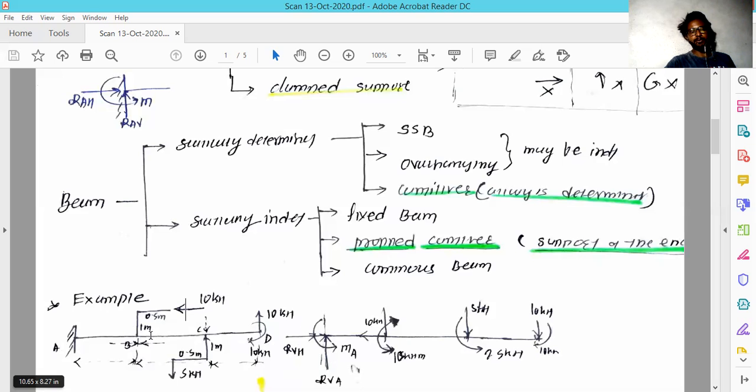Now we move to the C point. At C point, we have seen the 5 kilonewton force, which acts vertically downward, and the distance from the C point is 0.5. So 0.5 multiplied by 5 becomes 2.5. The moment created at C point is 2.5 kilonewton meter, and it is in the anti-clockwise direction.